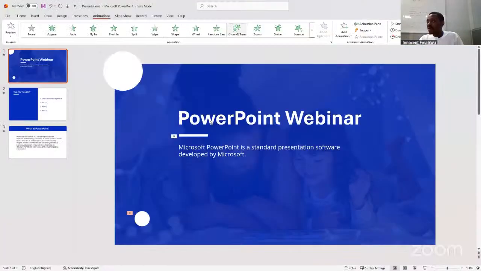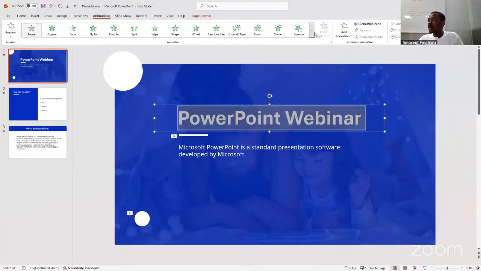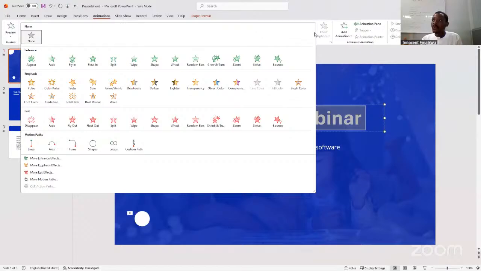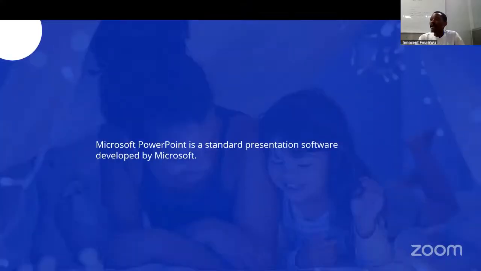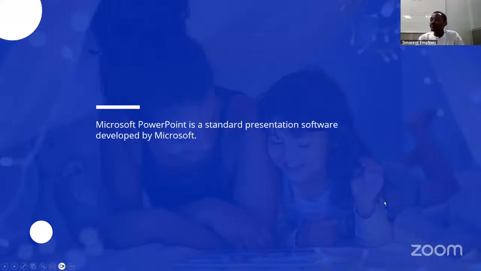By the way, you can also animate your text as well. That just takes selecting the way you want the text to appear. So final presentation for the start slide, click, and we don't see the text. Why?